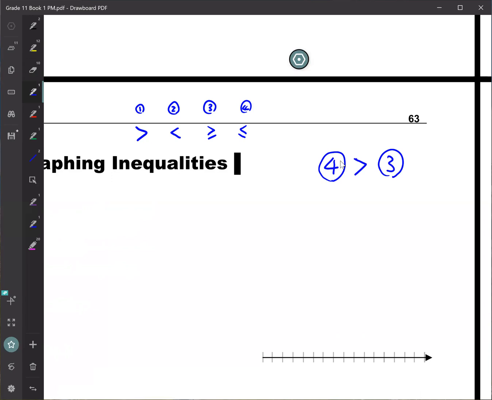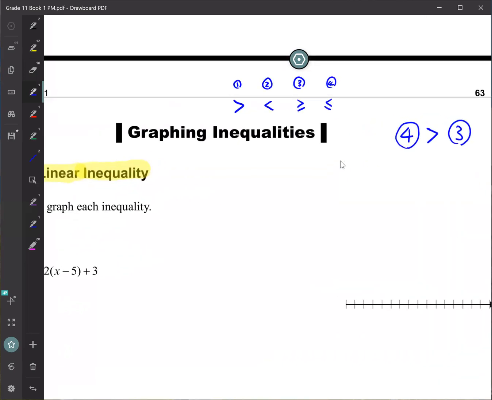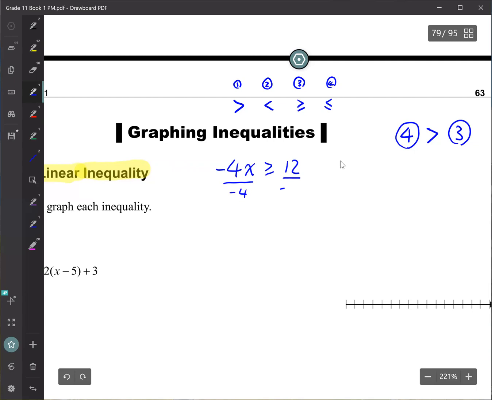Okay. Now, before we start solving, there's one more thing about flipping the inequality. For example, if I have, let's say, negative 4x greater or equal to 12, right? And then I think you probably learned that we need to flip the inequality sign when we divide both sides by negative, right?